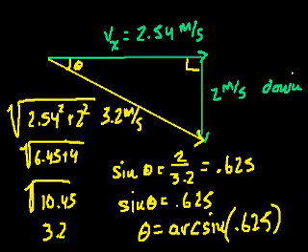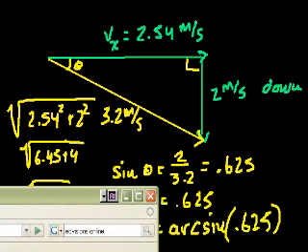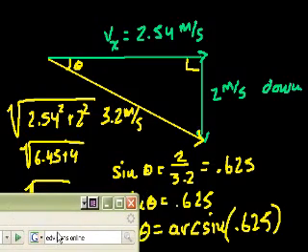And we can take out Google, because it's an automatic calculator, so you could type in arcsine of 0.625, although I think the answer they give you will be in radians. So I'll take that answer, which will be in radians, and I want to convert to degrees, so I multiply it times 180 over pi. That's just how I convert from radians to degrees.